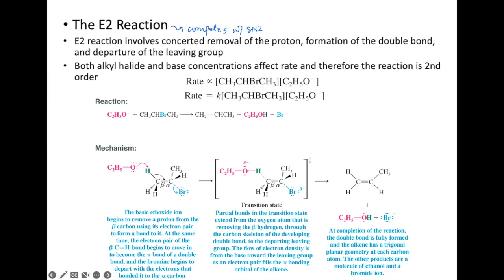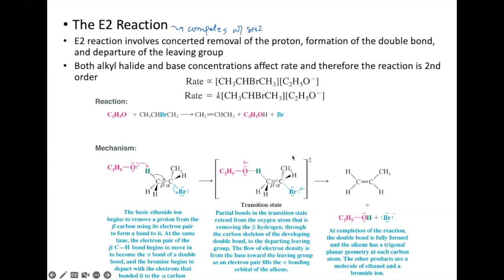So ano yung mga similar features niya? E2 reactions also involve a concerted process, just like your SN2. But instead of nucleophilic attack, there will be removal of the proton, and at the same time, formation of the double bond.